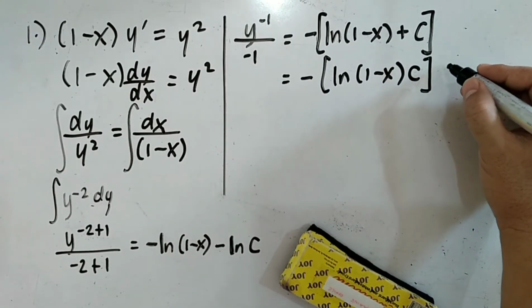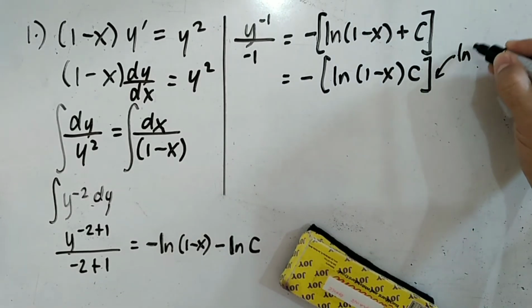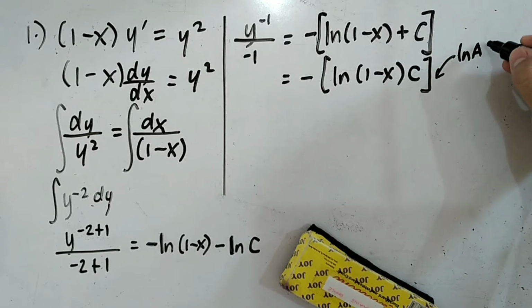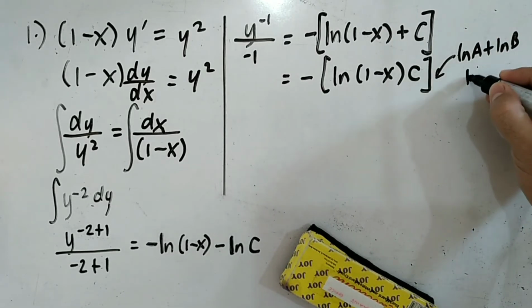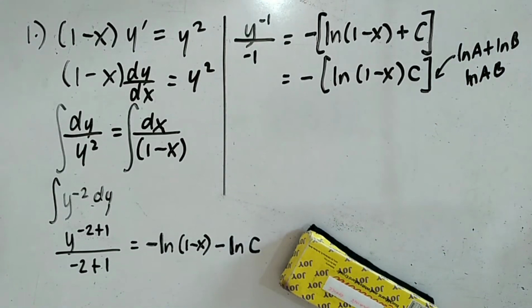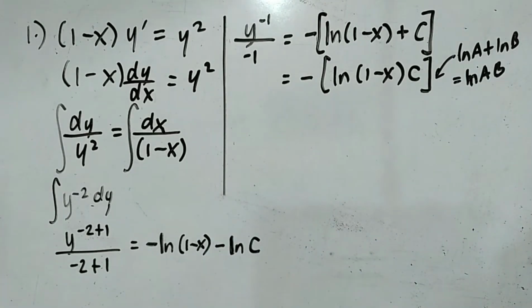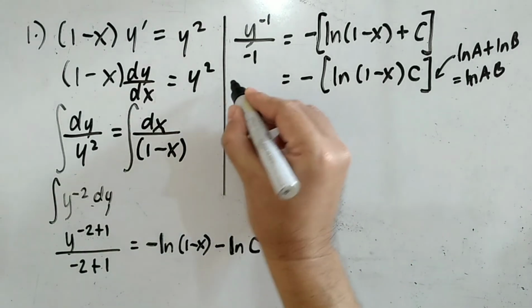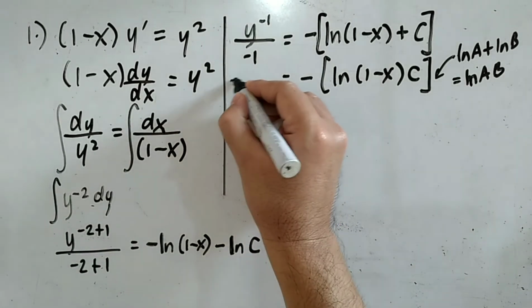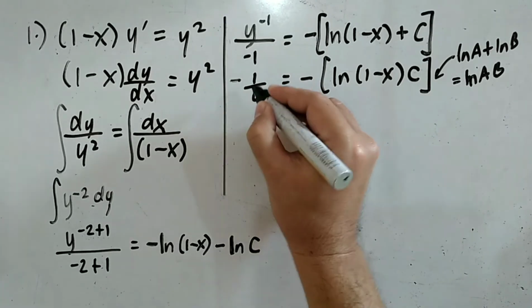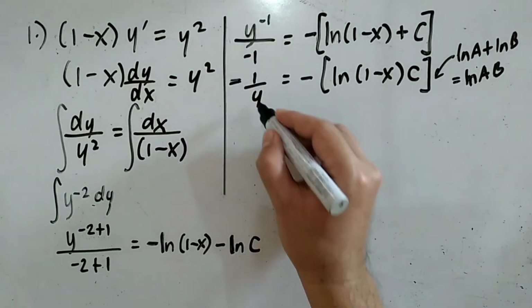Once again, because ln of A plus ln of B is equal to ln of A times B, that is a principle in natural logarithm. So this is equal to negative 1 over y because of the negative 1 in the denominator.